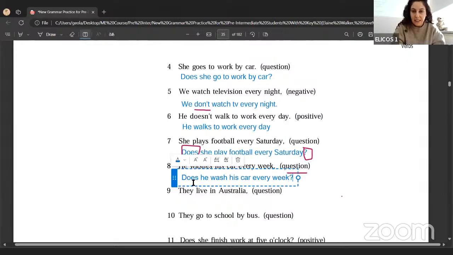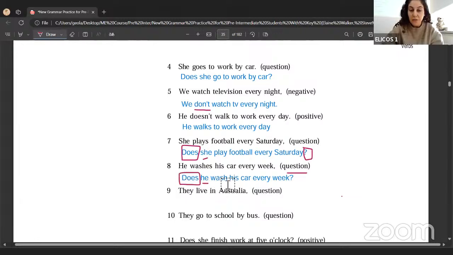So I can see, again, a question. And remember, when we say does for the subject, the verb is not with an S. It's only with an S in the positive. So in the question, no S on your action word. So does he wash his car every week?